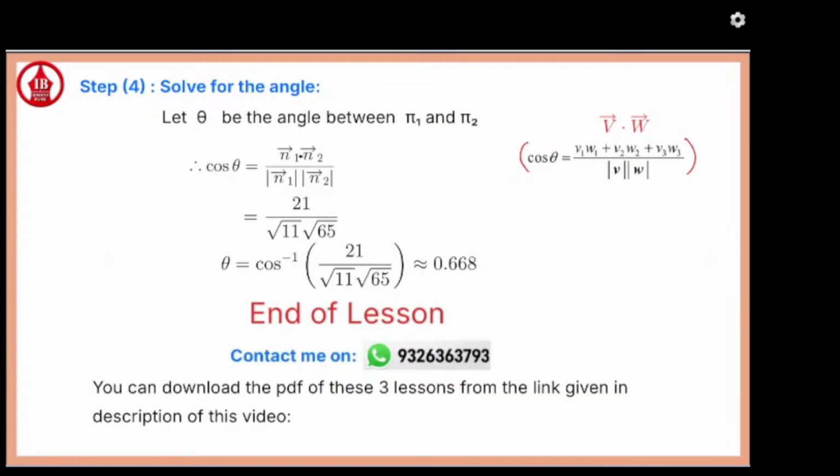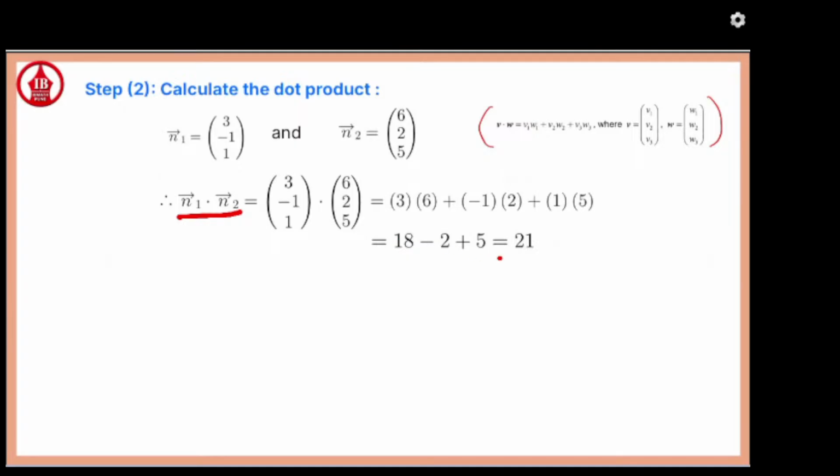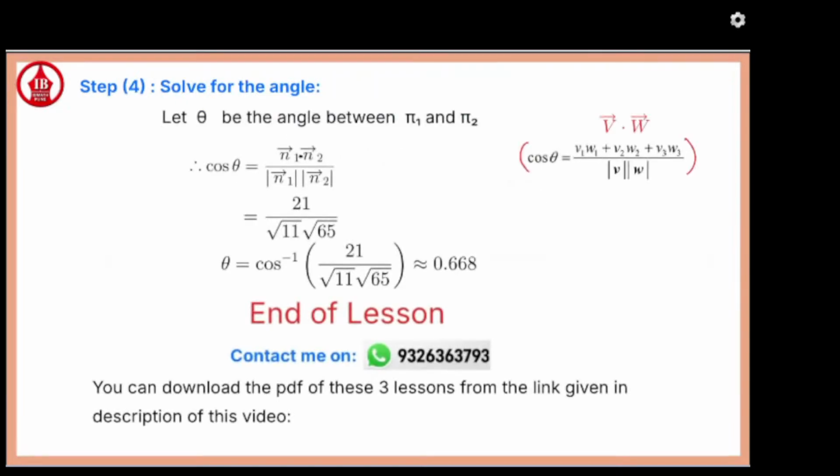We already have n1 dot n2, which is 21, and the magnitudes of n1 and n2. Then cos goes to the other side and becomes cos inverse. So theta is equal to cos inverse of the right hand side, which by calculator will be like this, in radian form. So with this, I end this lesson. See how simple it was.